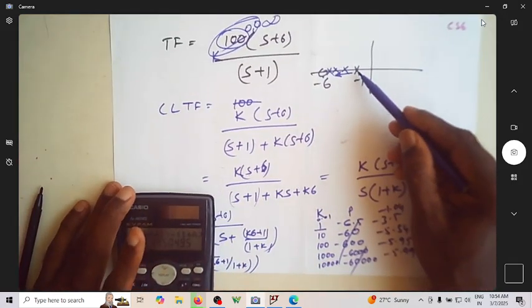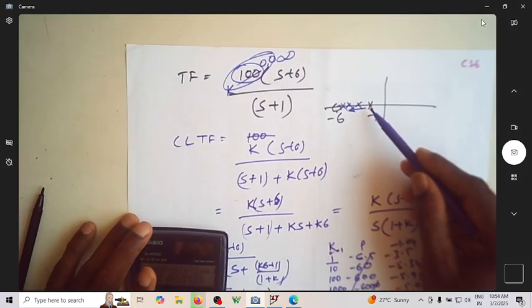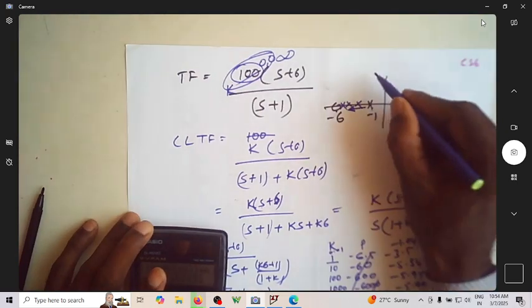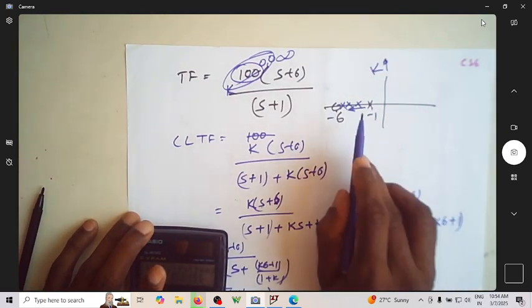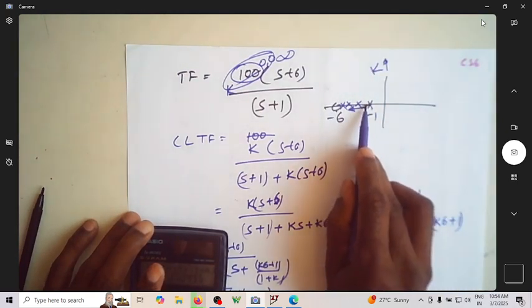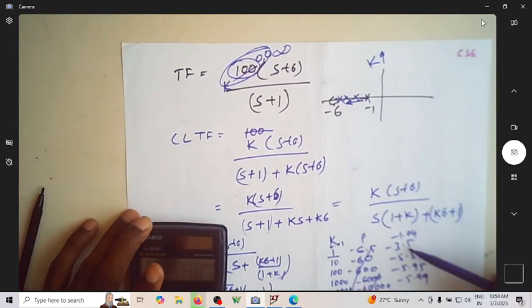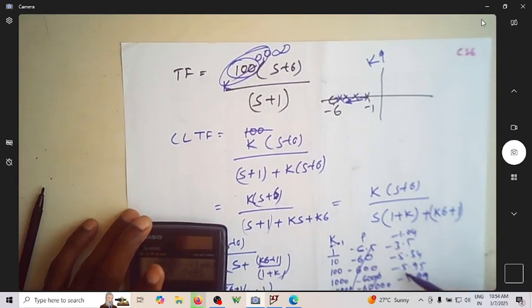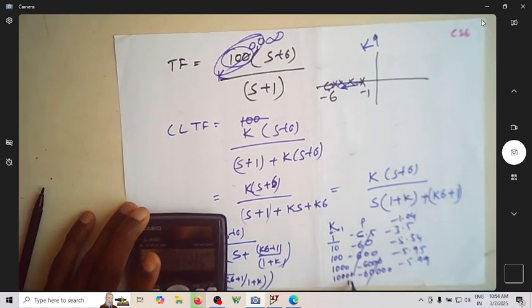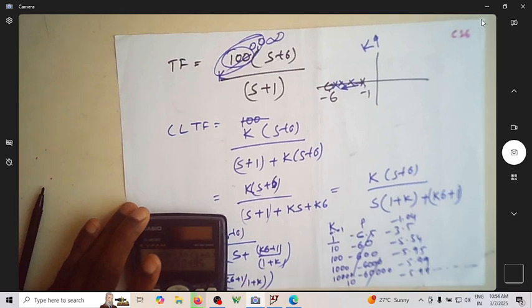So this pole starts departing from minus 1 as the value of k increases. You can see as the value of k increases, it is becoming minus 1.04, minus 3.5, minus 5.54, minus 5.95, minus 5.99. If you make this 1 crore, even then it is minus 5.9999999.